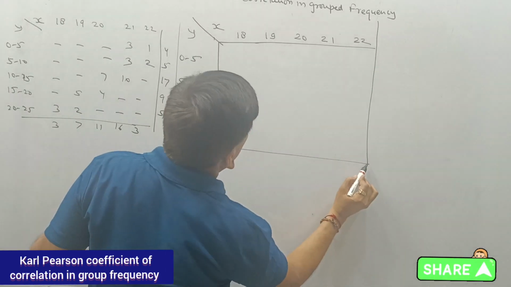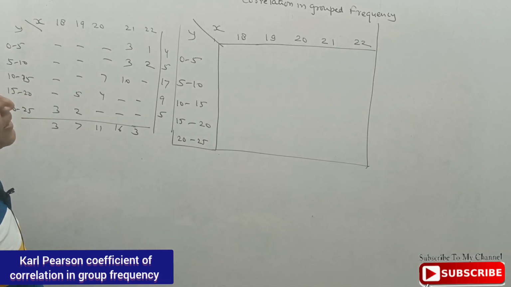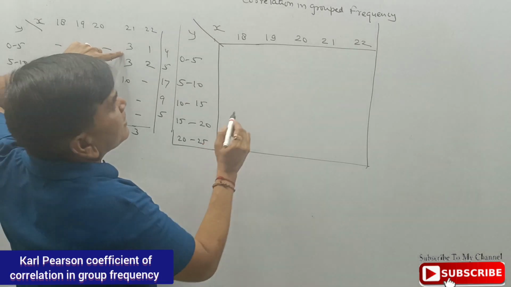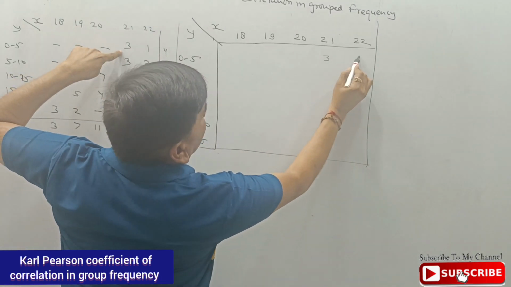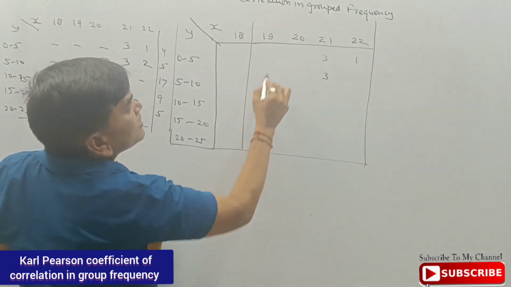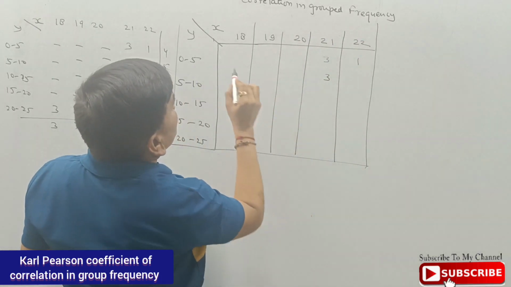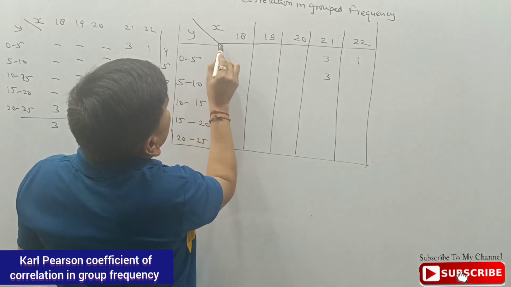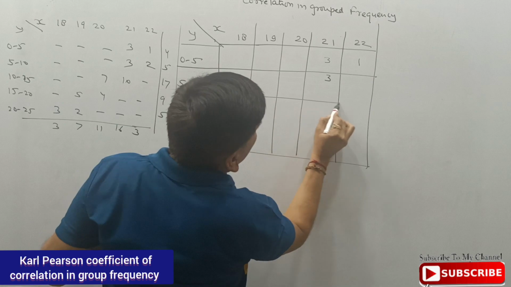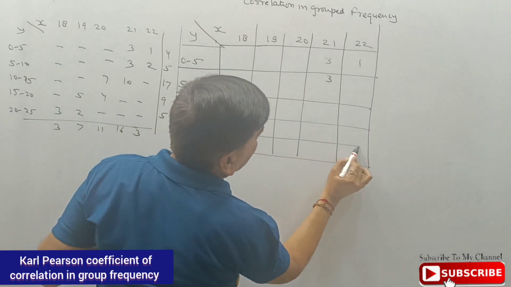First we will keep this. Making the classes 0 to 5, 5 to 10, 10 to 15, 15 to 20 and the last one, that will be easier for you.